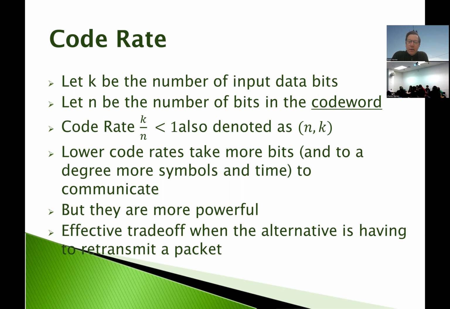We're adding redundant or additional bits beyond the minimum needed to communicate the information, so code rate is always going to be less than 1. Here we're sending extra bits, so it's going to take longer to send our data, or we're going to need more bandwidth. But we get a lot in return for that trade-off. Lower code rate takes more bits, and to a degree more symbols of time to communicate, but they're more powerful.